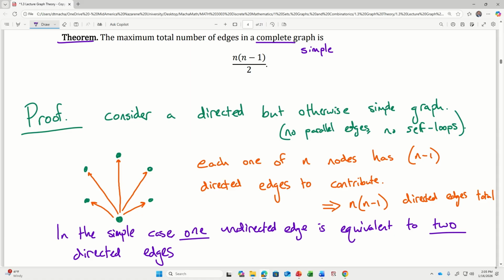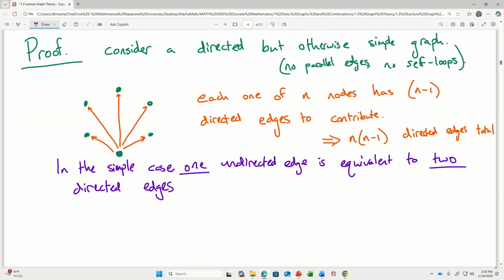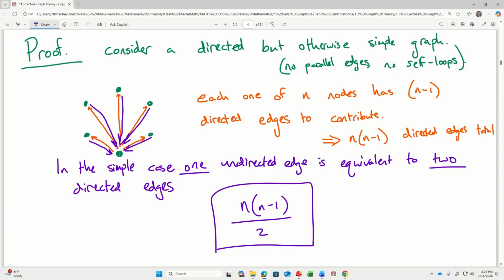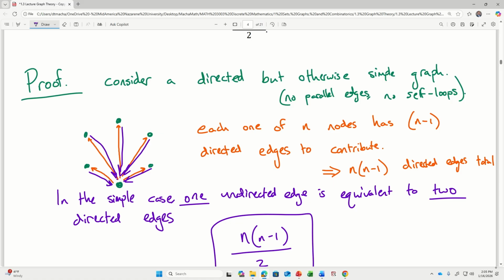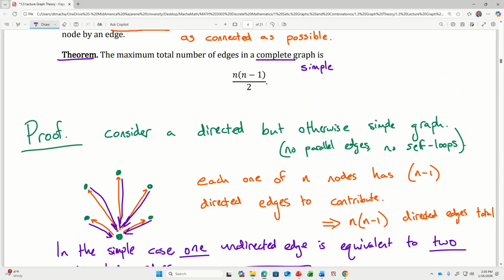Right? Because instead of requiring me to have an edge that goes from this node to this node and this node back, we could just call it one single undirected edge, right? And so we divide the number of edges by 2, and we end up getting n times n minus 1 over 2. So hopefully not too difficult to understand here, but the maximum total number of edges in a complete graph is n times n minus 1 over 2.